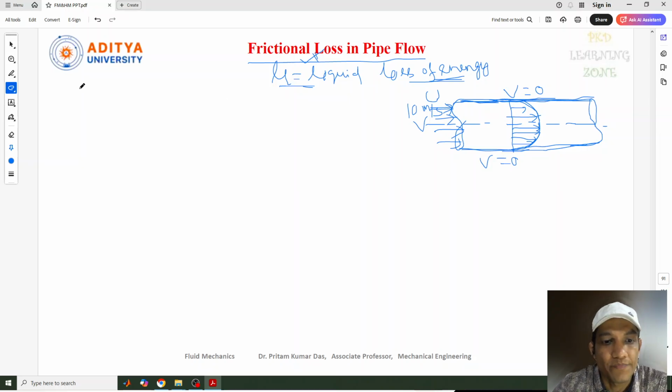Okay, now on the basis of this, William Froude, one scientist, did one experiment, and he found something for turbulent flow.